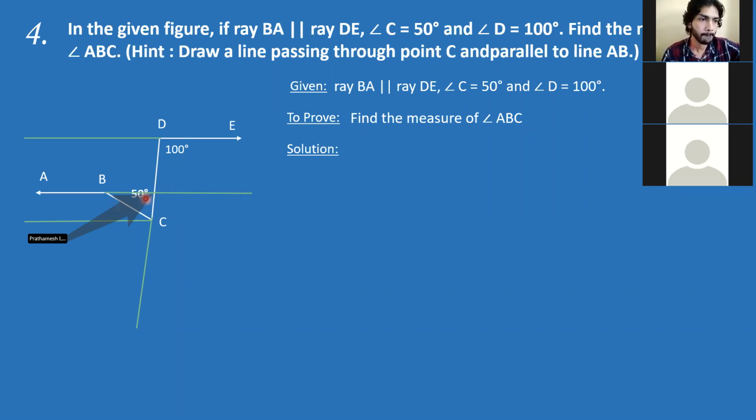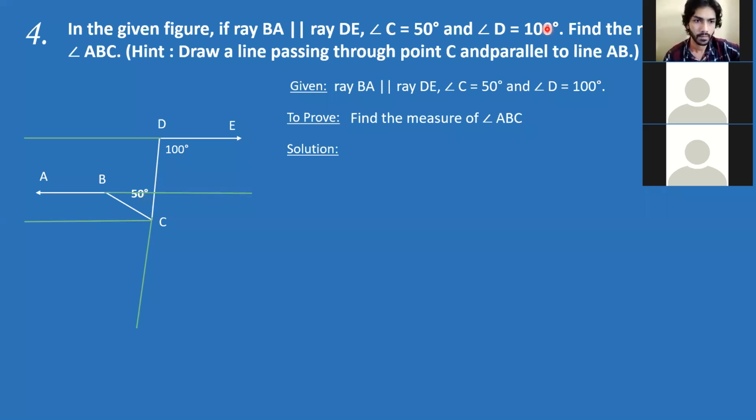Then if this angle is 80, and I took BC and some variable in between, I considered this as a triangle.